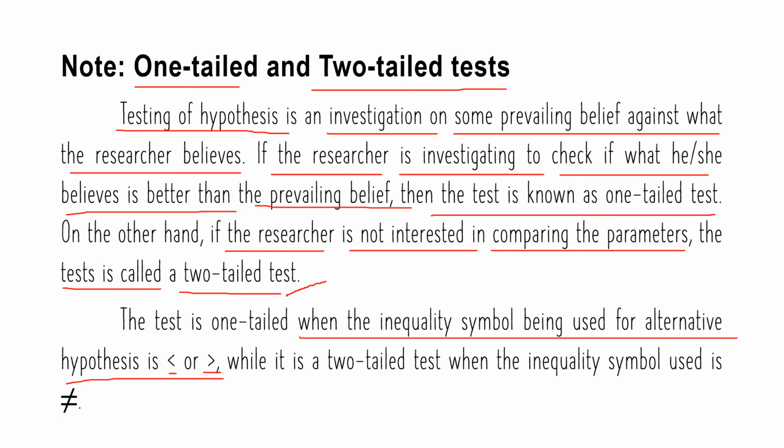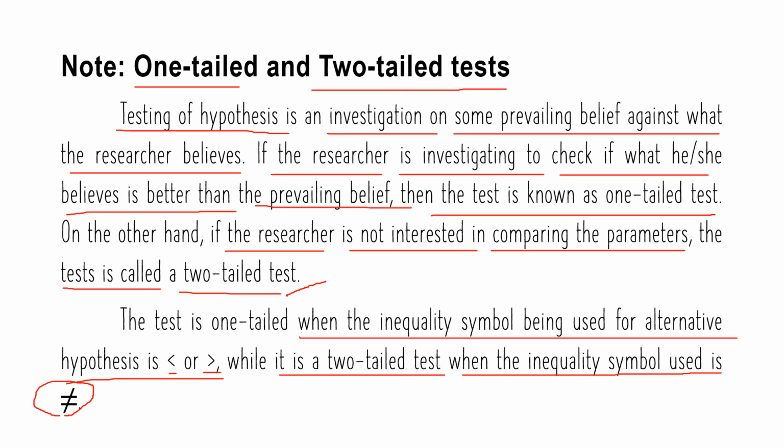In testing the hypothesis, it is a two-tailed test when the inequality symbol used is not equal to. Why? Because we don't know in reality if the computed value will fall before or after.